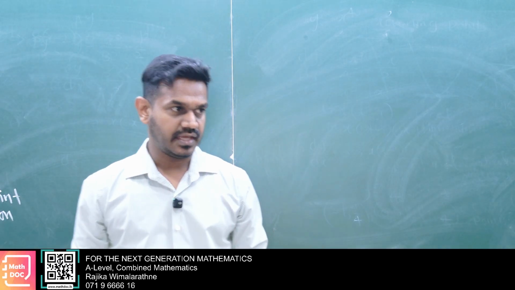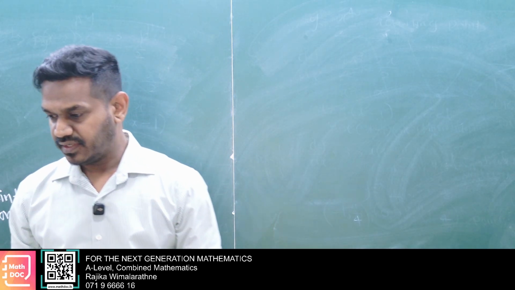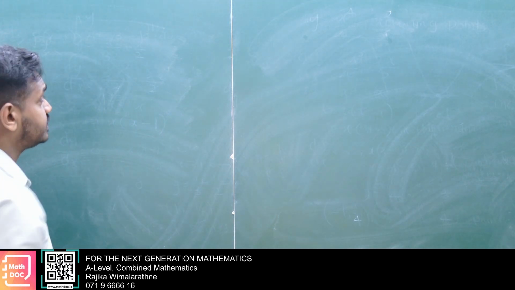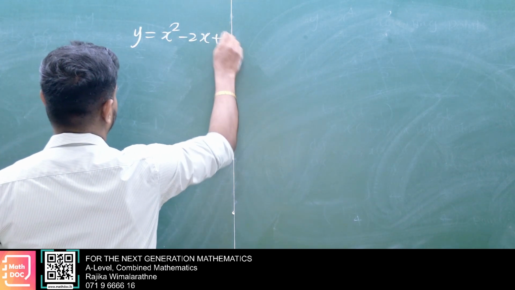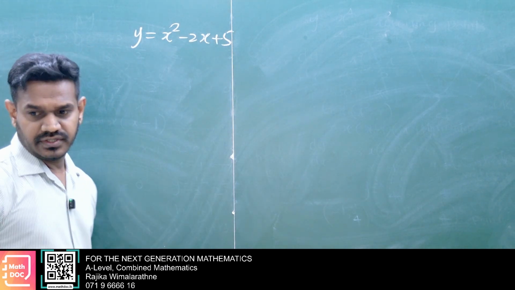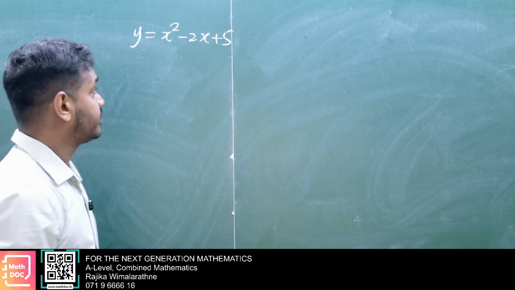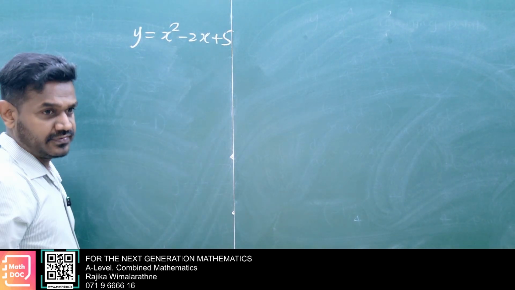Previous one, I gave 4 things. So one is x square minus 2x plus 5. No need to do from the beginning now. You can take the previous thing. x square minus 2x plus 5.